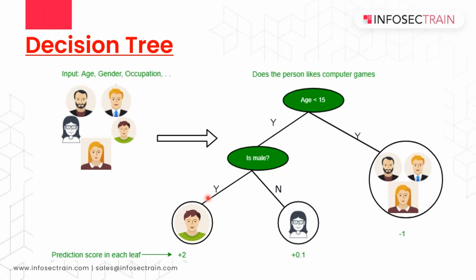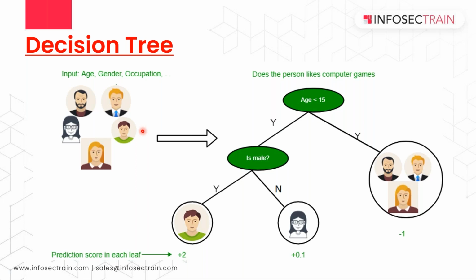The decision tree is yet another classification algorithm. We can use the decision tree for classification as well as for regression. It is somewhat similar, but the approach is different.